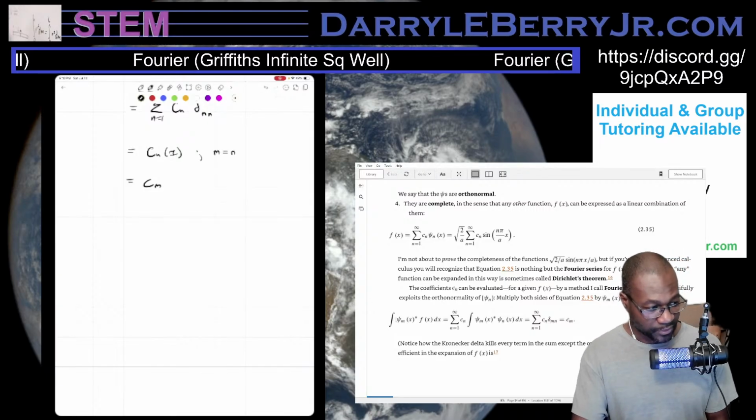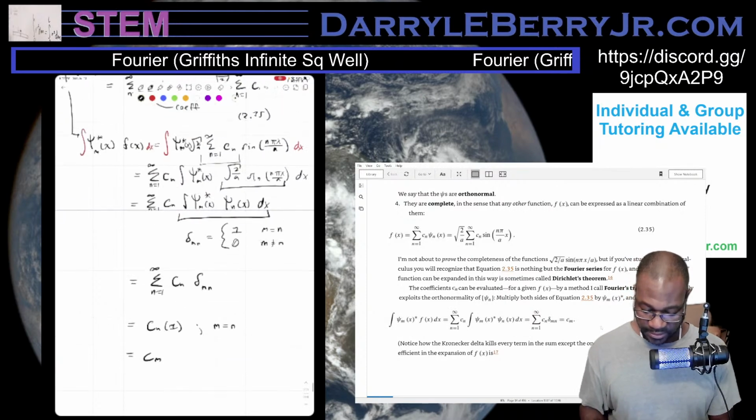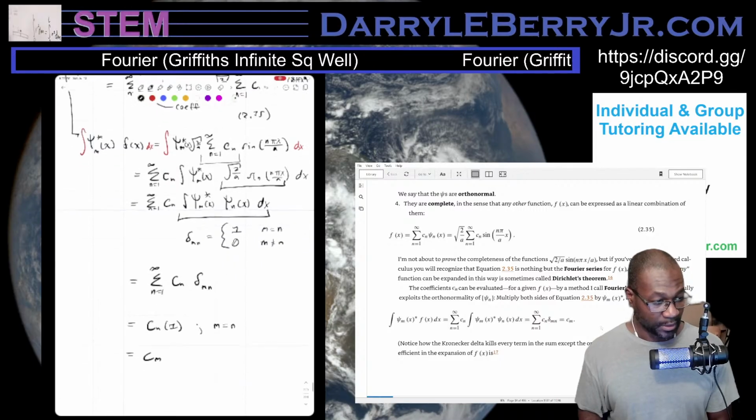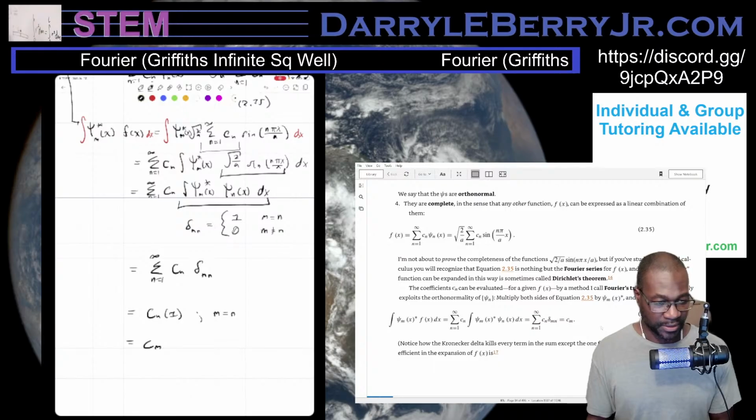So now we've caught up, those are all the steps in between the line right there. This is basically what they did here. Notice how the Kronecker delta kills every term in the sum except for the one where n equals m.